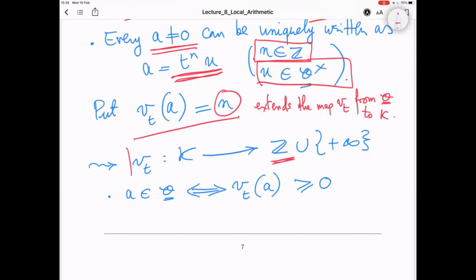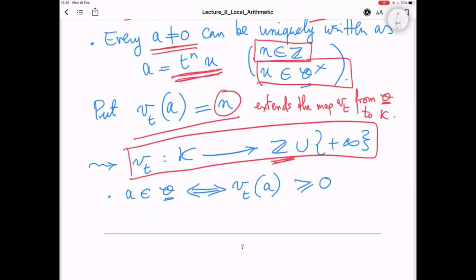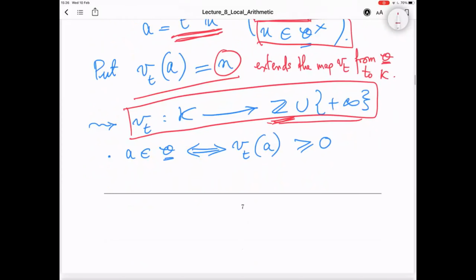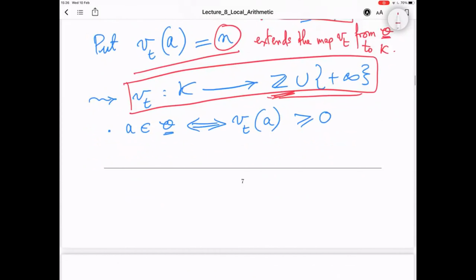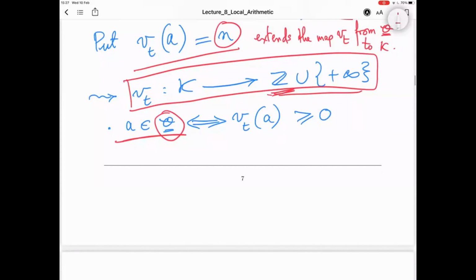So Vt is a map from the field K to this additive monoid. And inside this K, the ring O is characterized as consisting of those a whose valuation is non-negative.